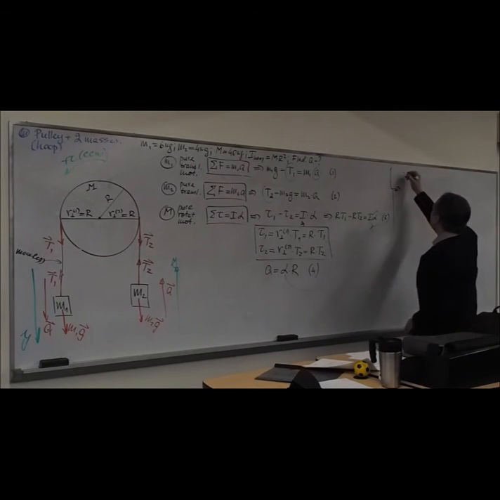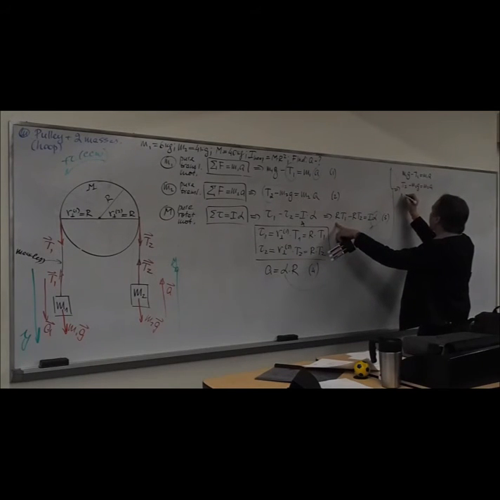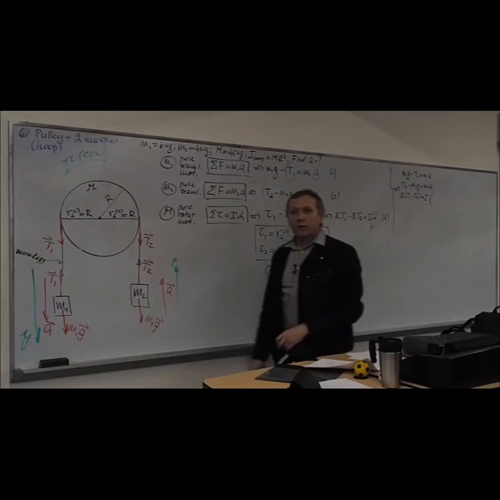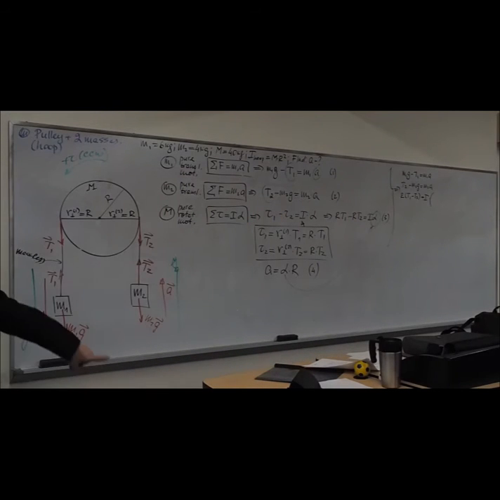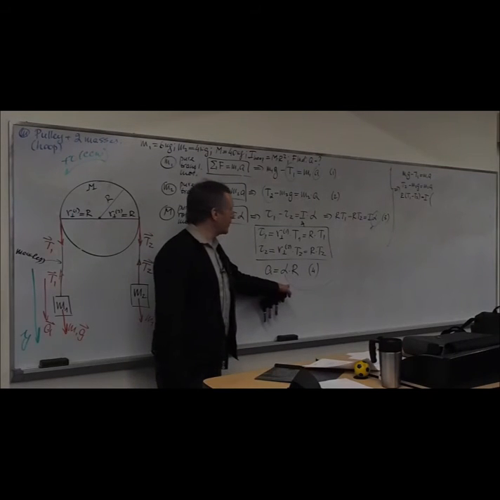Okay, so now let me do this. M1G minus T1 equals M1A. Second is T2 minus M2G equals M2A. Second equation. And now I will rewrite; R can be factored out, so it will be T1 minus T2 equals I, and instead of angular acceleration, I will use our linking equation, the equation which links translational and rotational motion.